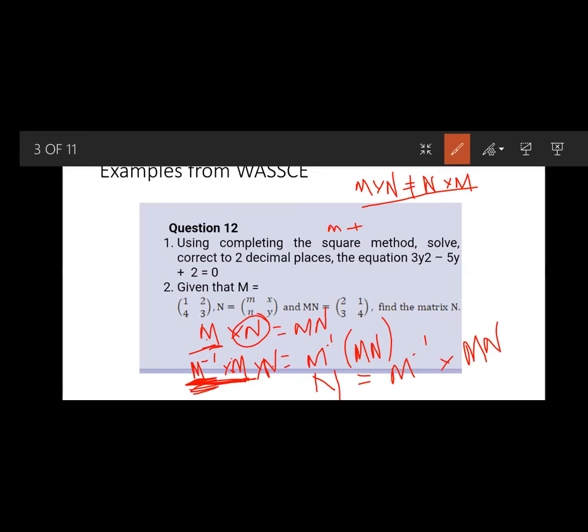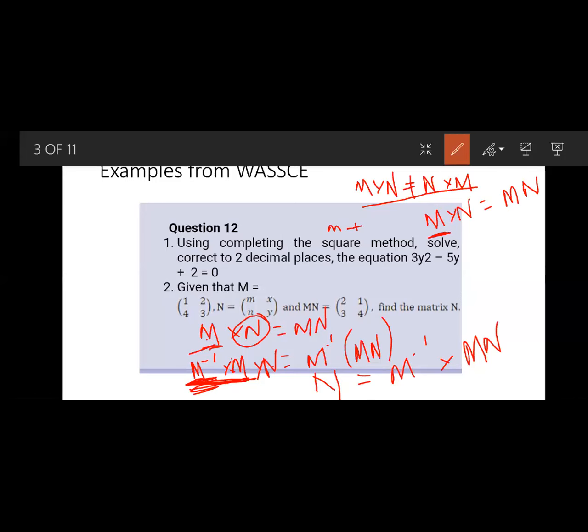Assuming what you have been given here, if for example we have not been given the value of m, we are only given the value of m times n equals mn. For example, if it is m that you want to get, it means you have to eliminate what? n.